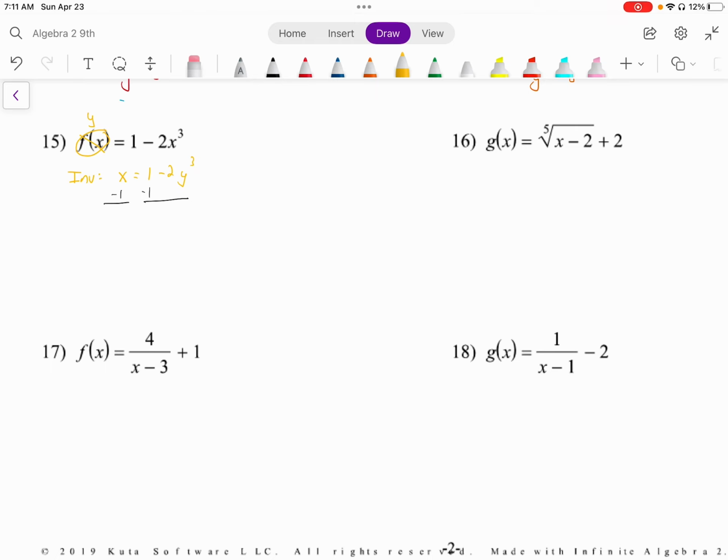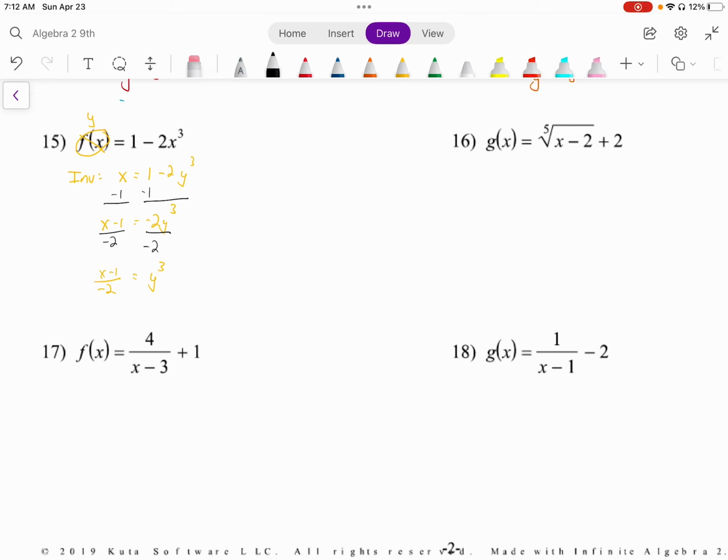And we get x minus 1 equals negative 2y cubed. Divide both sides by negative 2. This time I'm just going to leave it in that form. I'm not going to split it off into the two terms. And that gives us y cubed equals x minus 1 over negative 2.